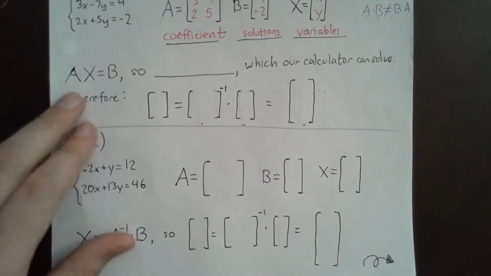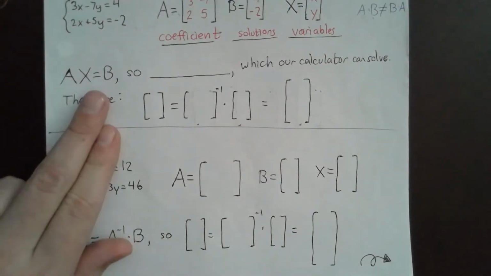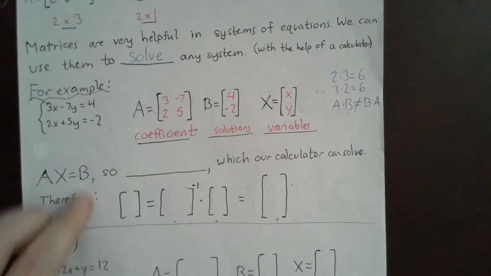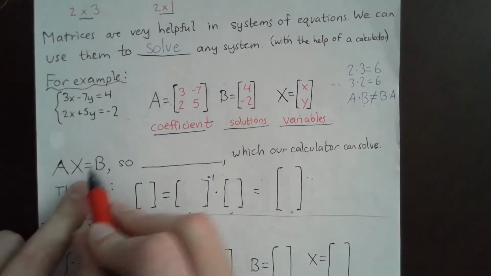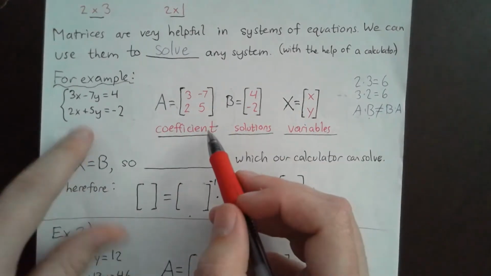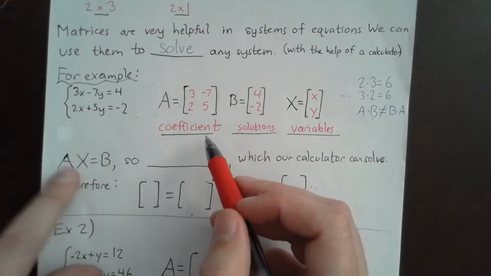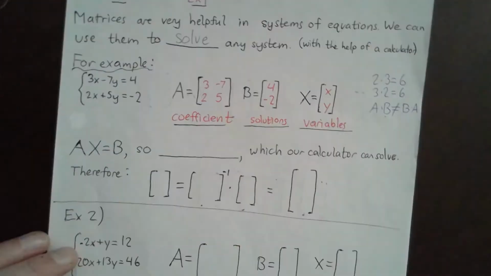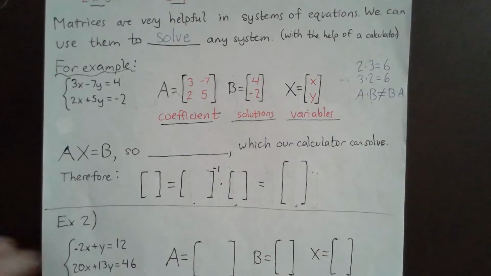All right, A times X equals B. That's just the way matrices work. If I said A times X equals B with these letters, with these matrices, that says the exact same thing as this. This is just another way of saying what our original system of equations said.